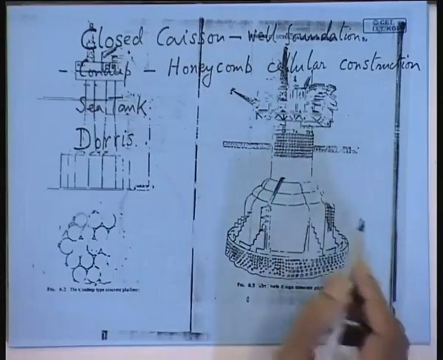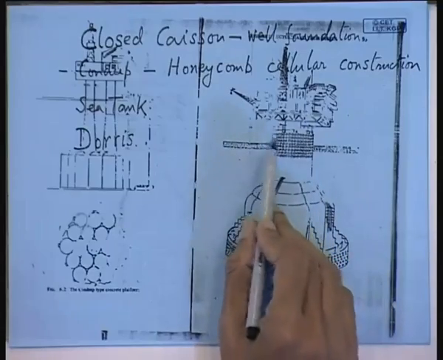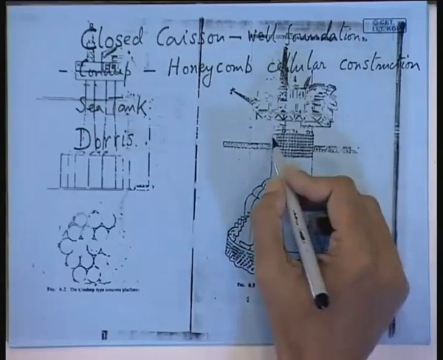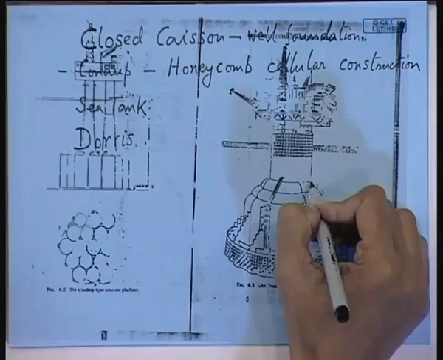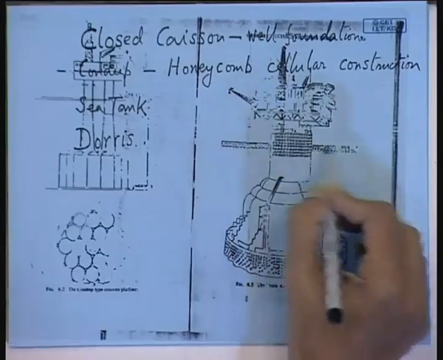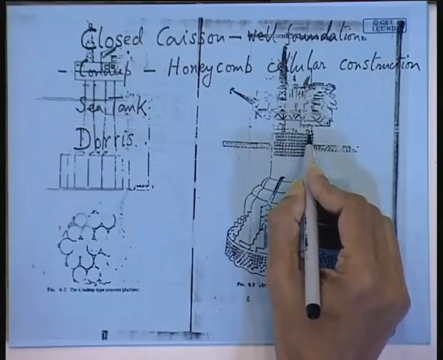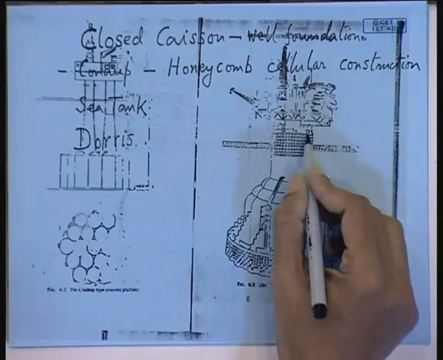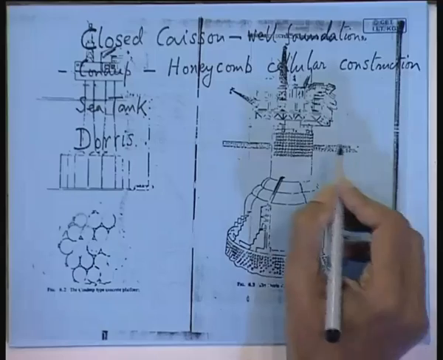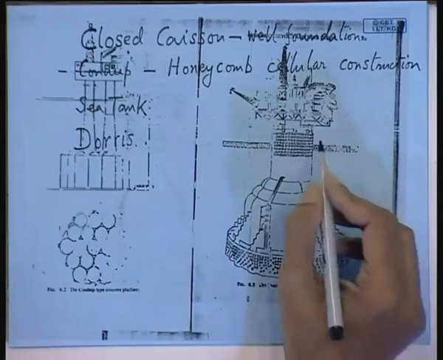Now, Doris designs are marked by 2 breakwaters. You can see one breakwater at the sea surface. You can see a lot of holes over there. These breakwaters are used for damping your waves.